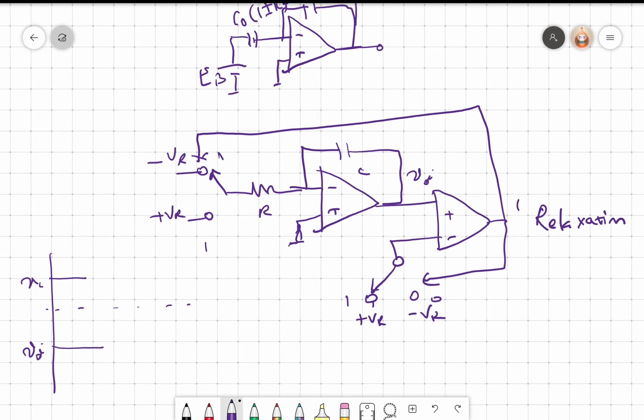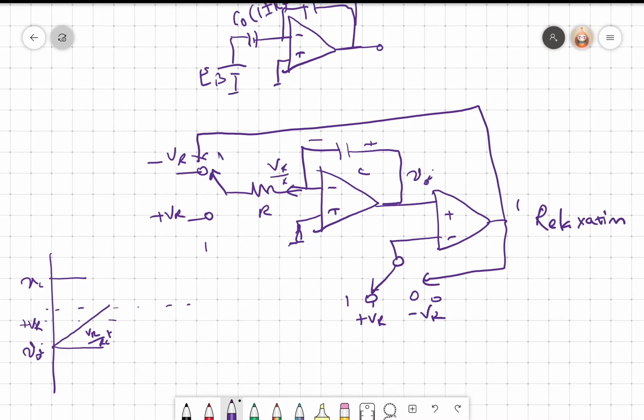Now if this is connected to VR, there will be a current VR by R in this direction. That current has to go here, and that current will increase the voltage like this. So this is VR by RC into T. So once it reaches plus VR, when it goes beyond that, it will go to 0.